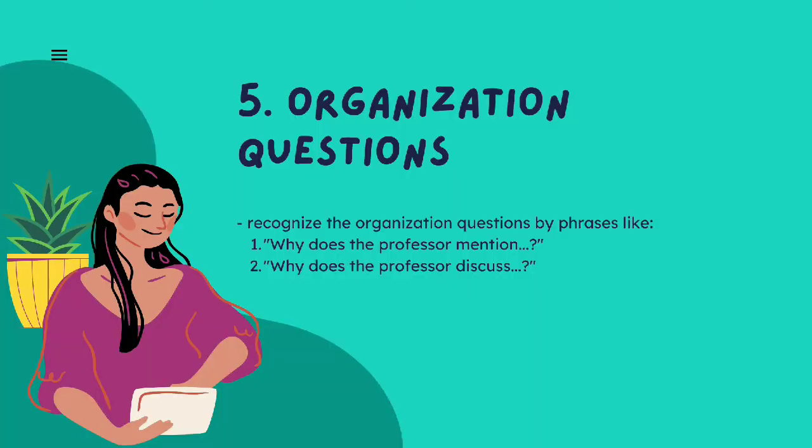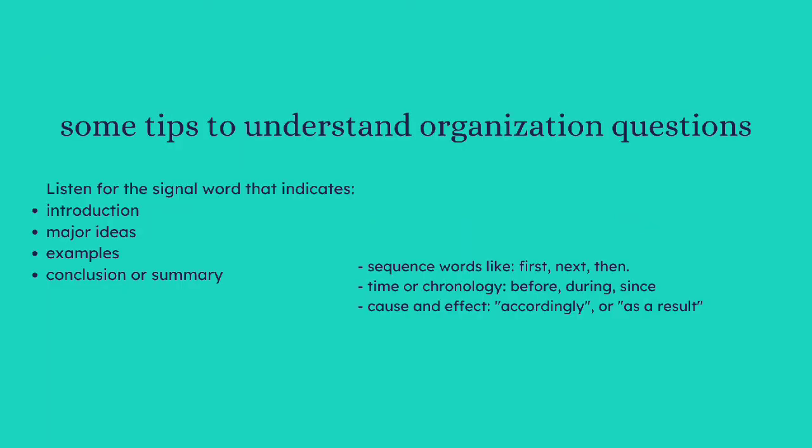Organization question. You can recognize organization questions because they often include phrases such as, "Why does the professor mention?" or "Why does the professor discuss?" Listen for the signal words that indicate the introduction, major ideas, examples, and the conclusion or summary.